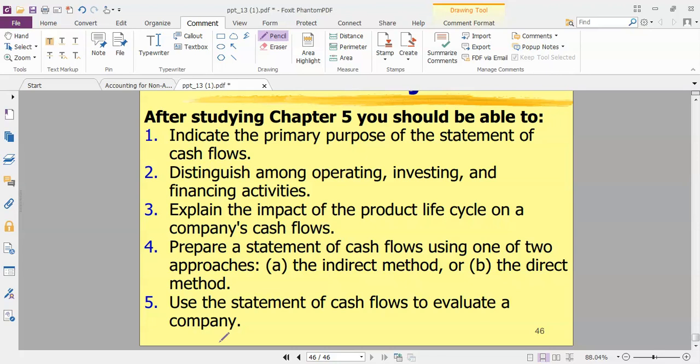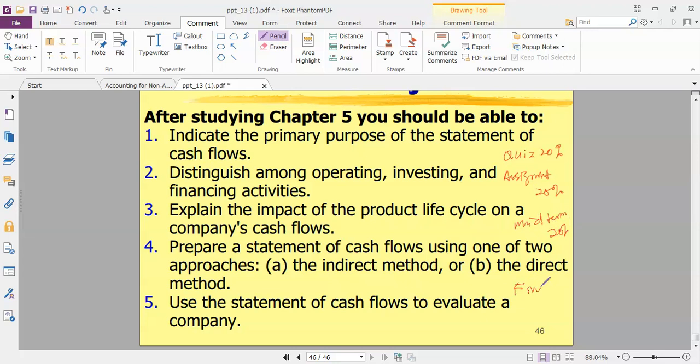So quiz is 20%, assignment is 20%, then we have a midterm, same as our assessment in ACD101.